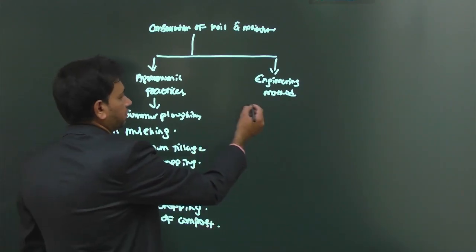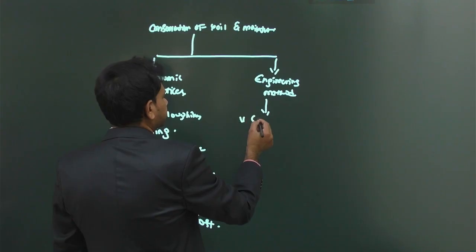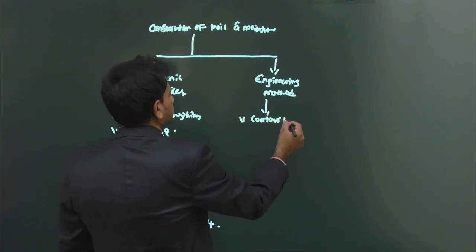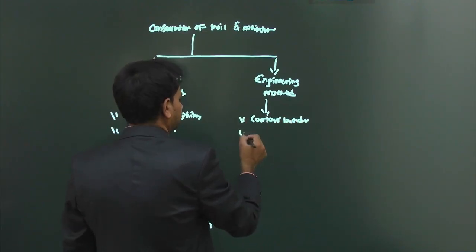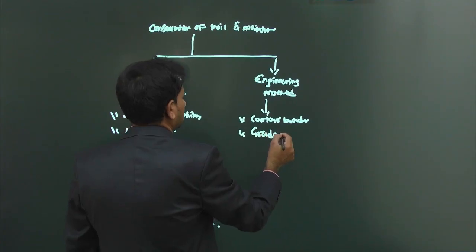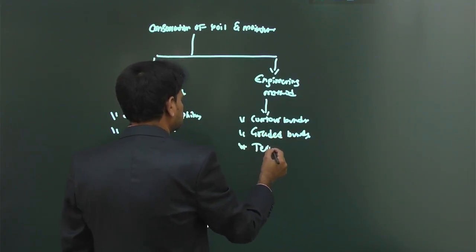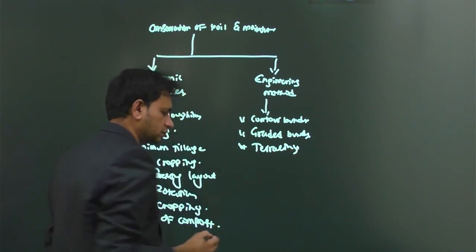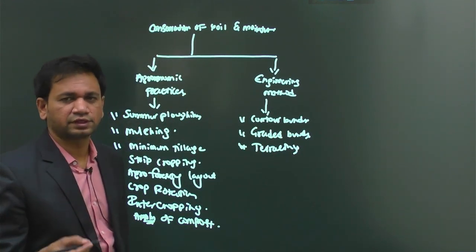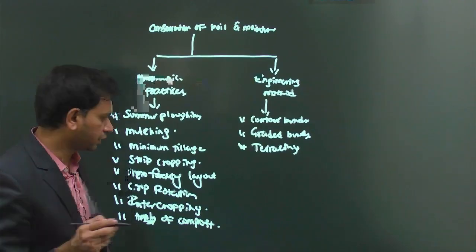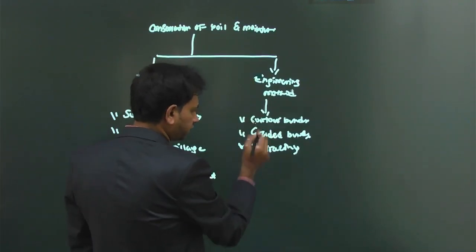And from the engineering methods, we have contour bunds, graded bunds, and the terracing method. Terracing means some inward terracing, some outward terracing is possible.